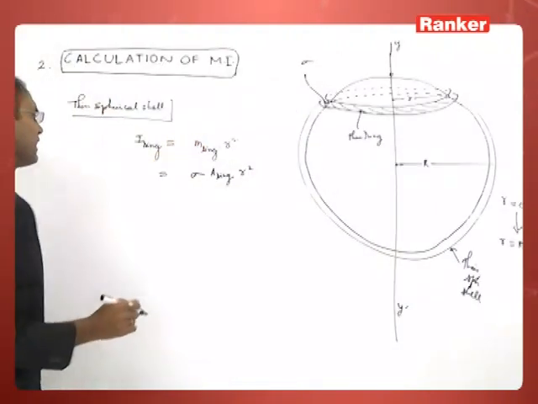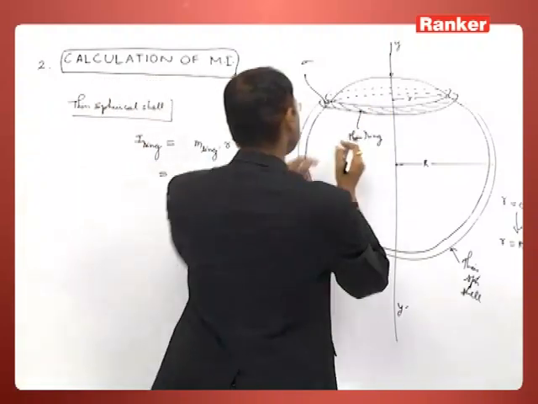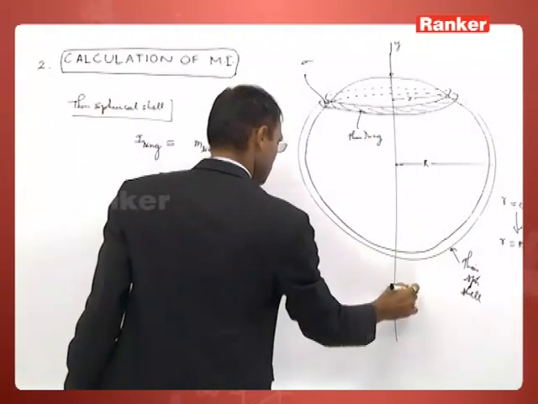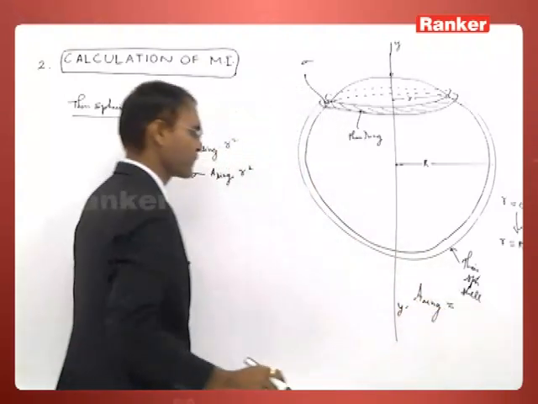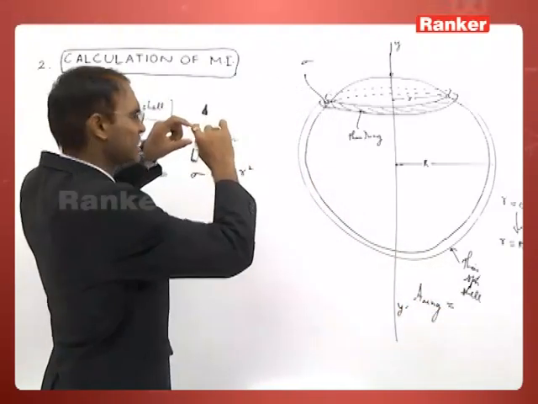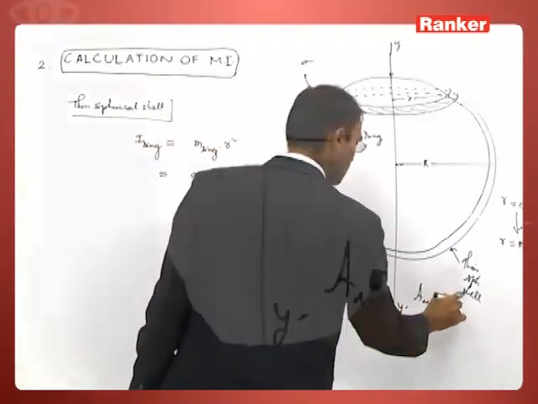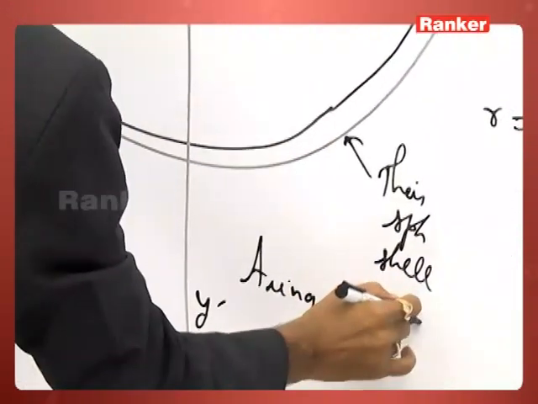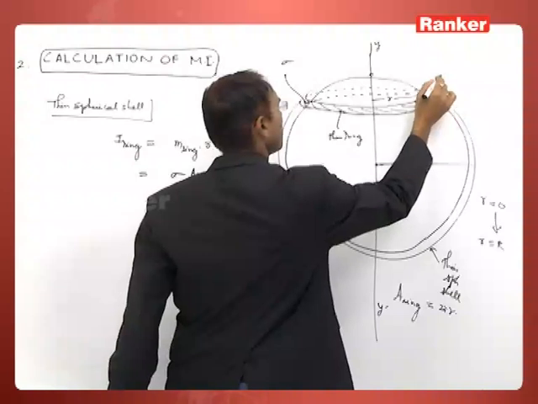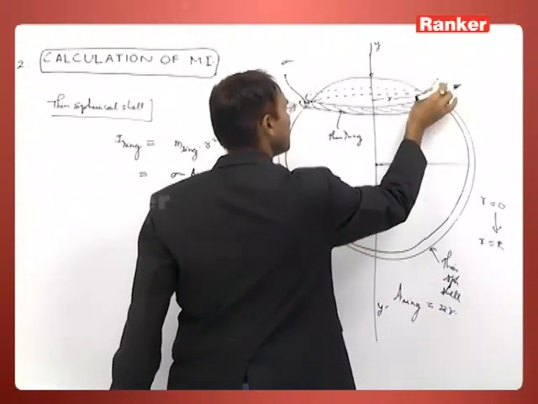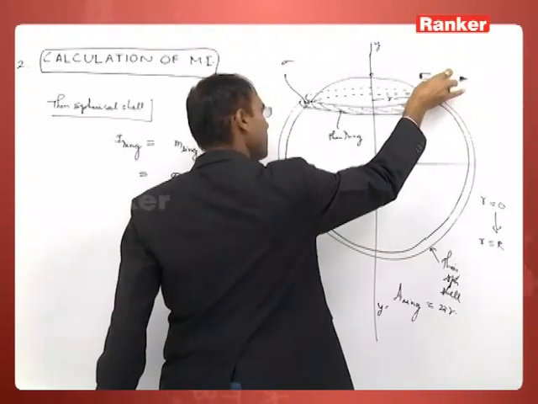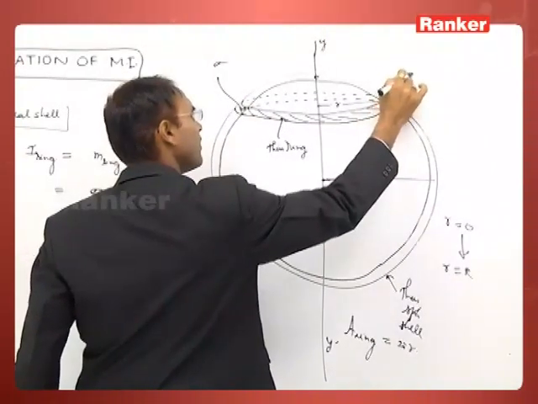The area of the thin ring: you cut it and stretch, you will be getting a thin strip of length 2 pi r and breadth not equal to dr, but this particular breadth.